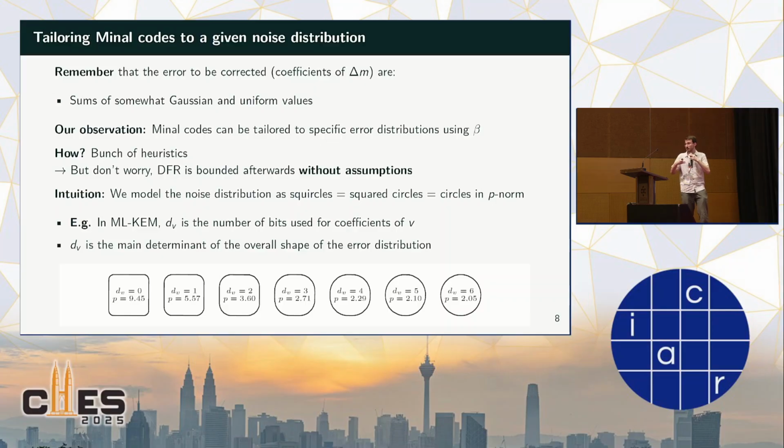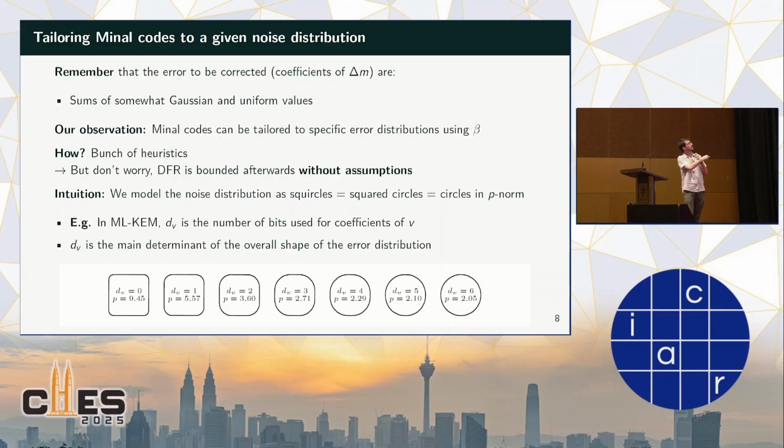So we can build codes that are very effective for decoding errors that are particular to each scheme or each scheme's parameters. We do that using a bunch of heuristics, but you don't need to worry because the DFR is then bounded without any assumptions. We just make some assumptions for tailoring, but it doesn't affect the scheme's security.